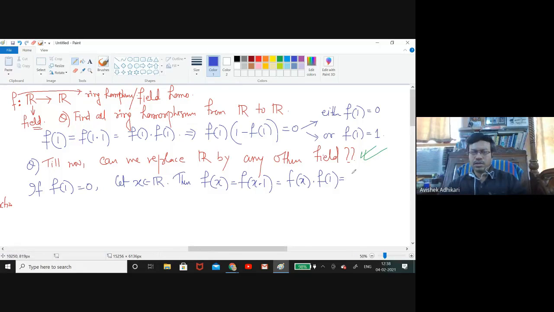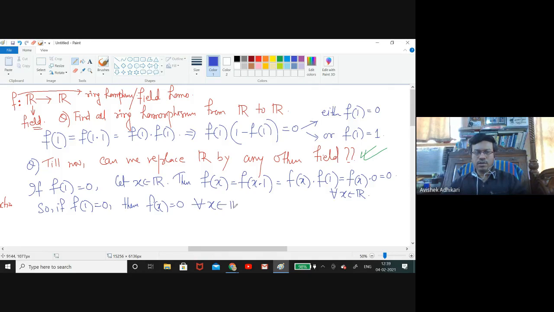So that means f(x) times 0, that is 0, for all x belongs to R. So what is your conclusion then? If f(1) equals 0, then f(x) equals 0 for all x belongs to R. Till now, any ambiguity?